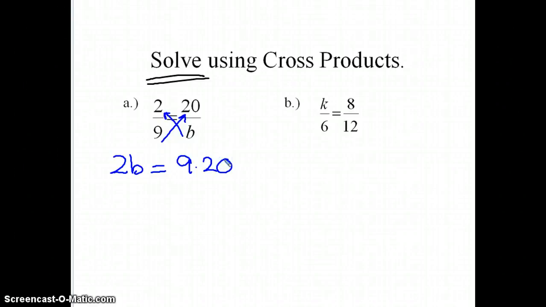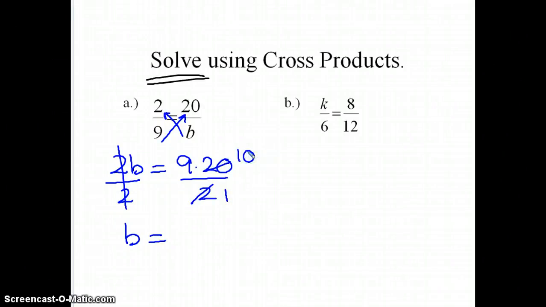In order to undo multiplying 2 times b, I'm going to divide both sides by 2. On the left-hand side, I can cancel the 2's. I'm left with b. On the right-hand side, I note before I do any multiplication that I can simplify by canceling. The 2 and the 20 cancel, so I end up with 9 times 10, which is 90.